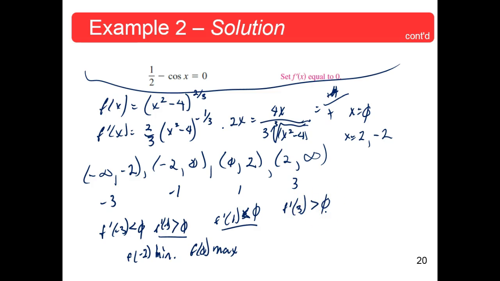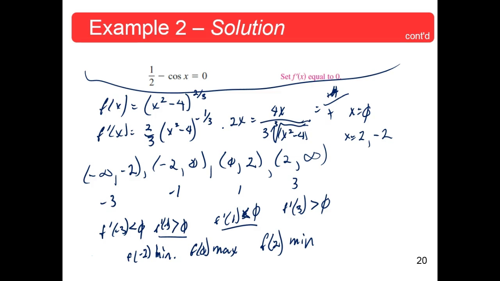So it's negative to the left of 2, and positive to the right of 2. What does that tell you? Min. Relative minimum. I really should be putting relative in there because they're not absolute, but it's just easier writing them. Okay. So does that make sense?